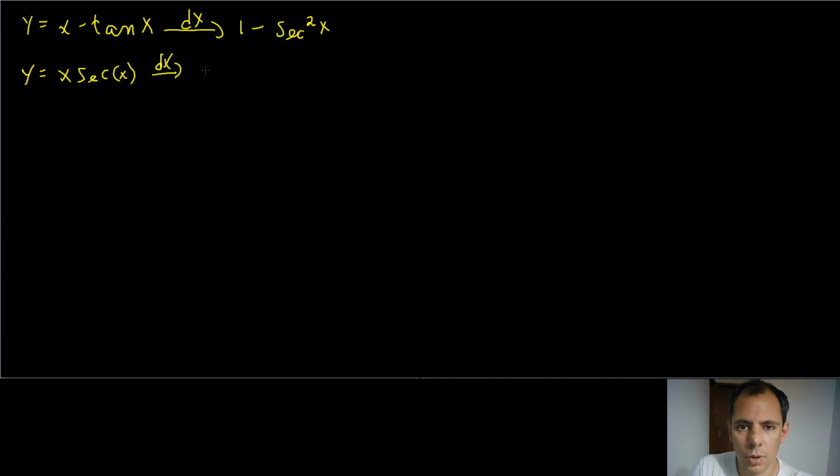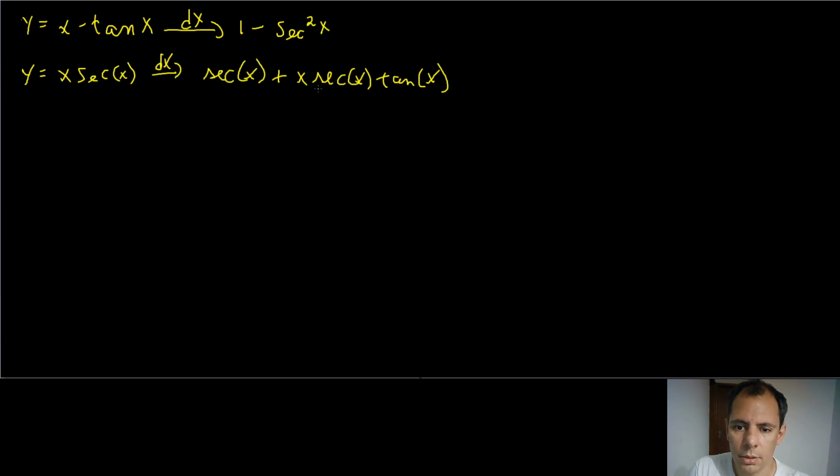So it's going to be just 1 times the second, so secant of x, plus the first times the derivative of the second, and the derivative of the secant of x is secant tangent. So it's going to be secant of x tangent of x.